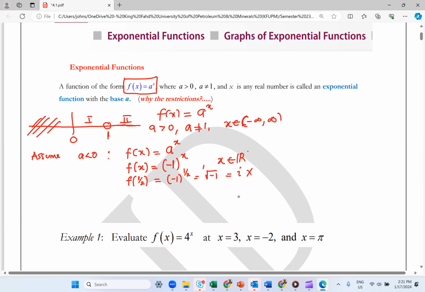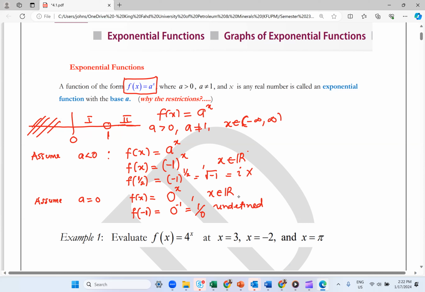Now, let's see why a cannot be 0. Let's assume a is 0. Then the function f of x will be just 0 to the power x, where x is in R. Here there will be a problem because x can be any number in R. For example, if you take x to be minus 1 and want to find f of minus 1, it's going to be 0 to the power minus 1, which is 1 over 0, which is undefined.